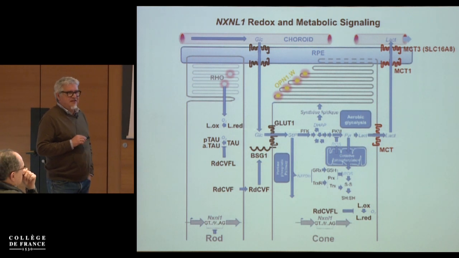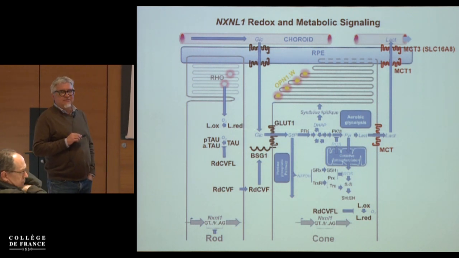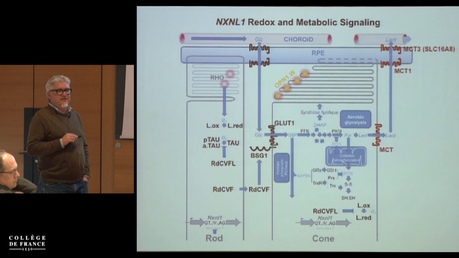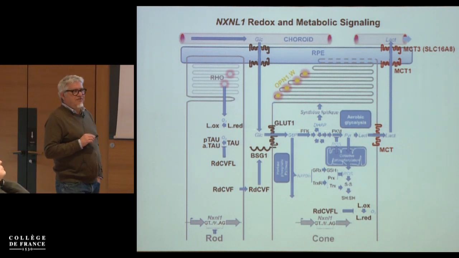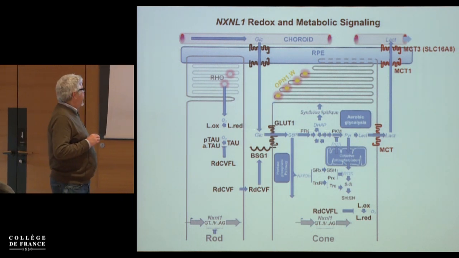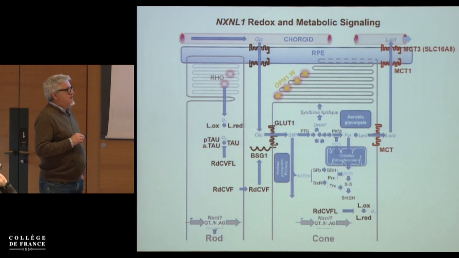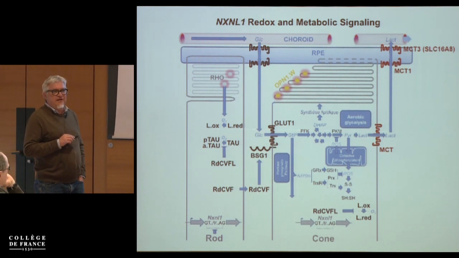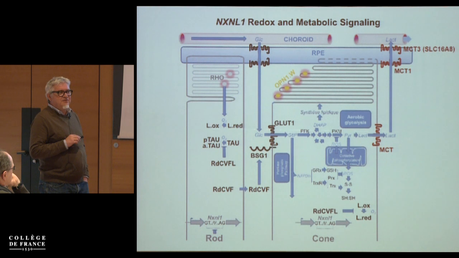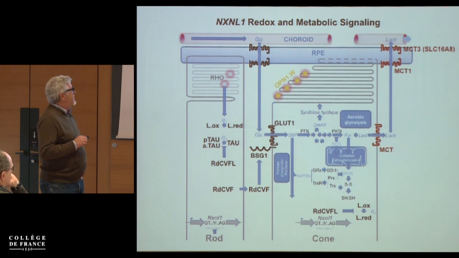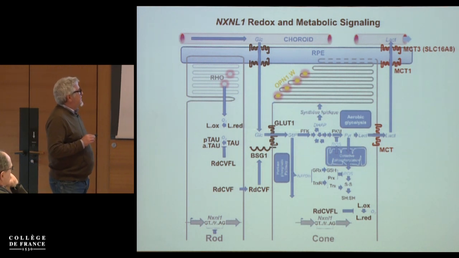But for TXNRD80 it is probably a proteolytic cleavage, while here it is clearly differential alternative splicing which creates the two forms. Thyroxins are generally secreted by a pathway which is absolutely unknown at the moment, so most of the thyroxins are secreted, including RDCVF.